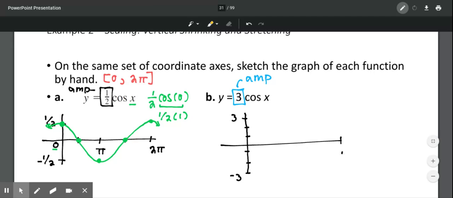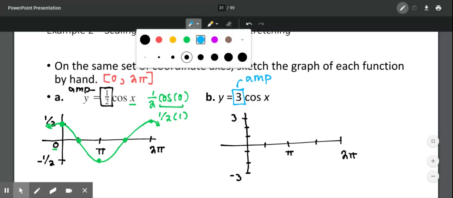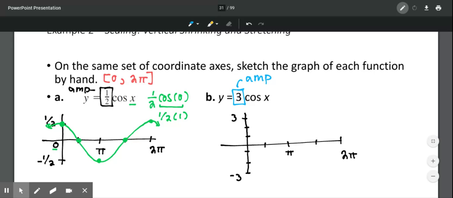And if we're going out to 2 pi, we can split that into fourths, because then that's our pi value, and we have our other quadrants. It's still cosine, so it's still going to start up. Instead of starting at 1, though, it's stretched up to 3. And then it would go back to the axis, down to -3, back through the axis, and up to +3, and then you just connect your points.